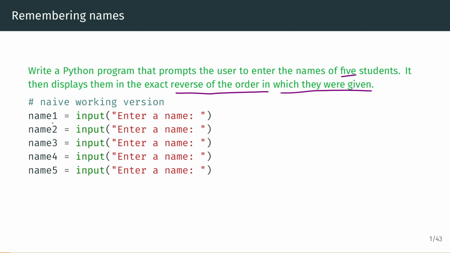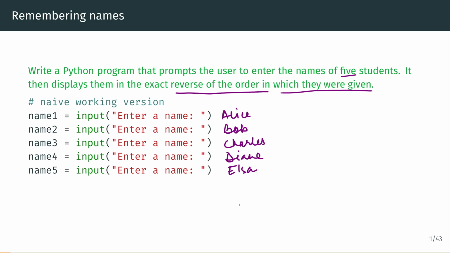We'll have 5 variables: name 1, name 2, name 3, name 4, and name 5. Each of these will store a name entered by the user. Let's say the user enters Alice, Bob, Charles, Diane, and Elsa.